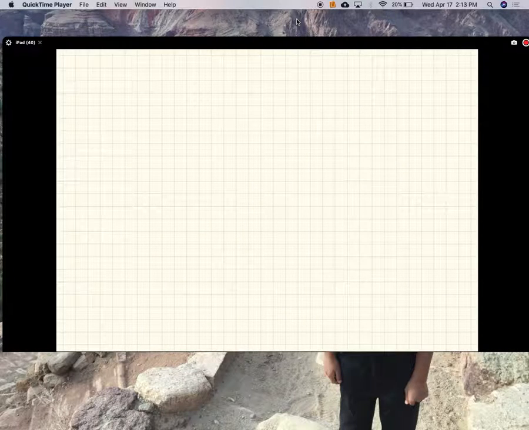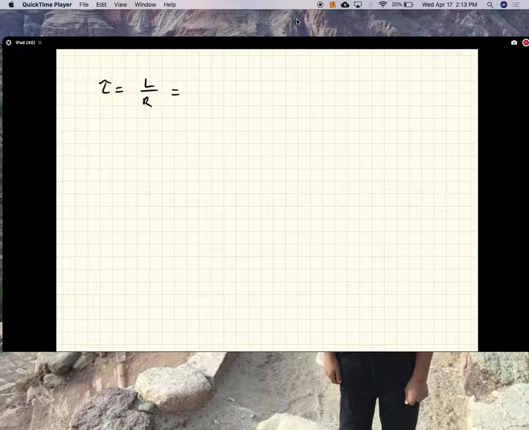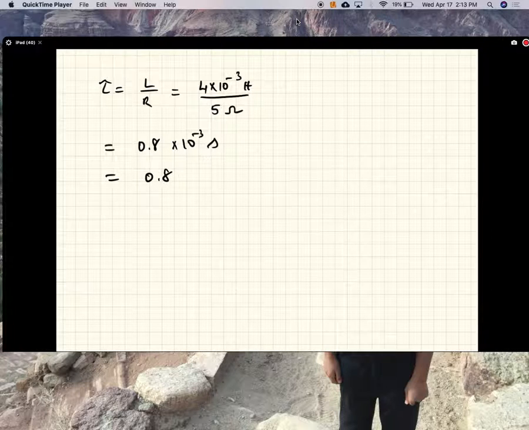L is 4 millihenries, and R is 5 ohms. 0.8 times 10 to the minus 3 seconds, 0.8 milliseconds.